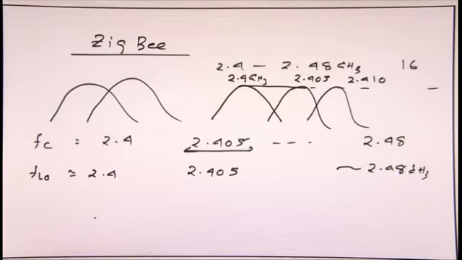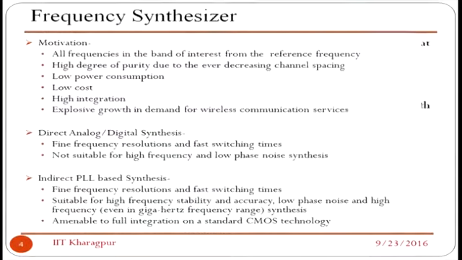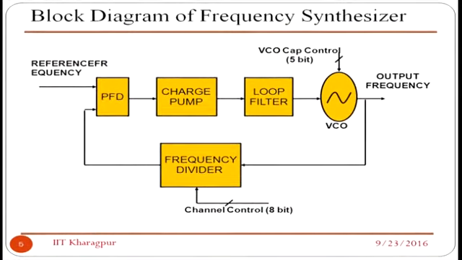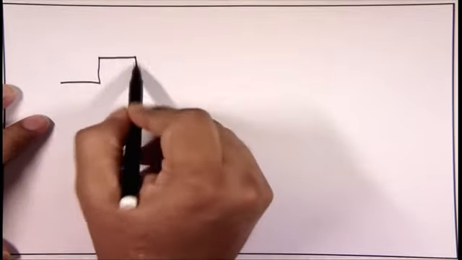Now, all I mentioned is the building blocks of the frequency synthesizer, that you have the PFD, that is the phase frequency detector. Then if there is a phase difference between the two signals, what will happen? You have to measure the phase difference by some way. Suppose this is the signal, I am drawing the signal in that way.